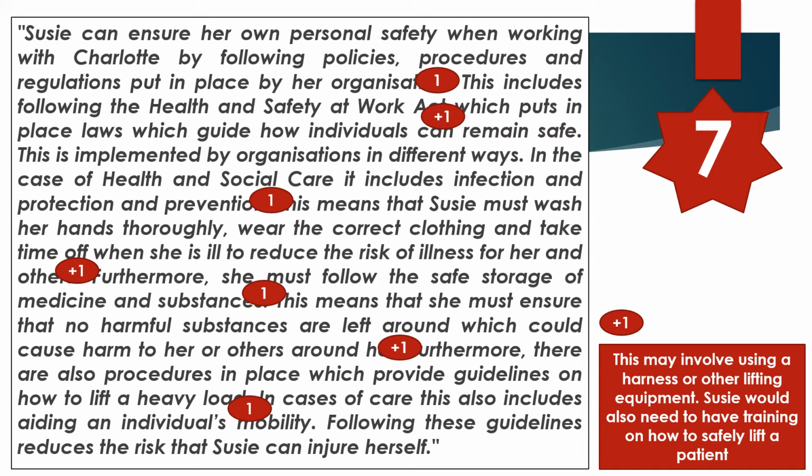My additional point, for that final bit where it says follow these guidelines to reduce risk, all they needed to do was add, so this may involve using a harness or lifting equipment. Susie would need to have lift training to safely lift a patient. All they needed with that final sentence was just a specific example. You can see it's 1 + 1, 1 + 1, 1 + 1, 1, and they're missing that little extra +1 to support what they're saying.